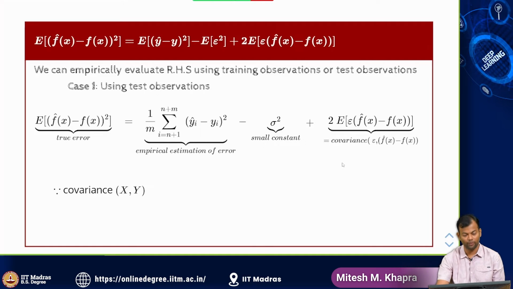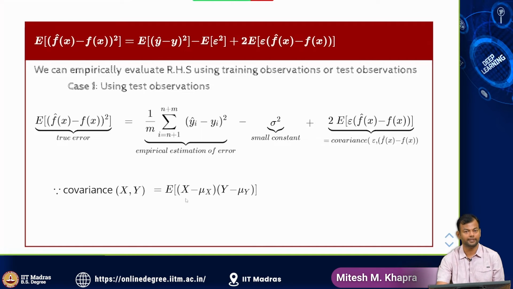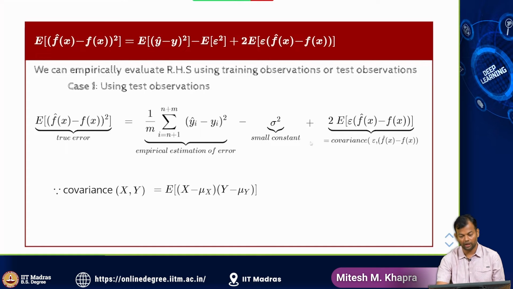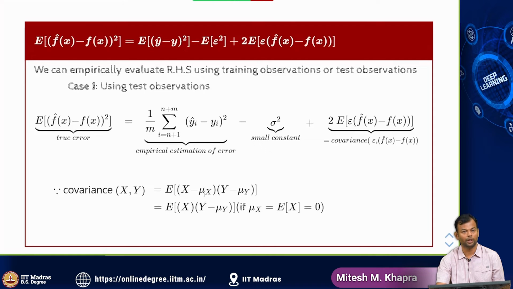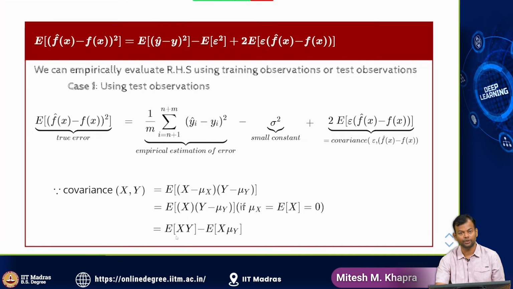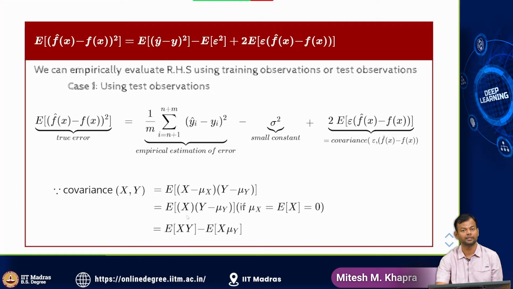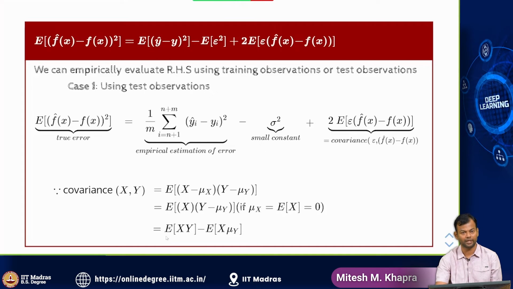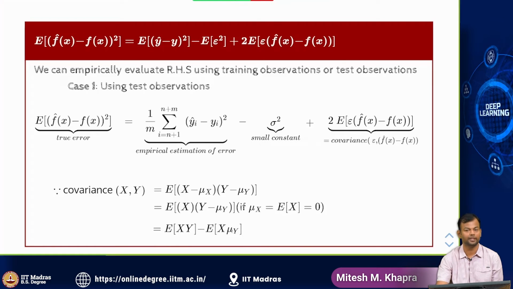The covariance between x and y is E of (x minus the mean of x) times (y minus the mean of y). Our x is epsilon, so the mean of x is of course 0, and the mean of x will disappear, and then you have y minus mu y. Now I can open up the bracket, so I get E of xy minus x into mu y, and again the expectation of a sum is the sum of expectations, so I can take the two terms out. So expectation of xy minus expectation of x into mu y.